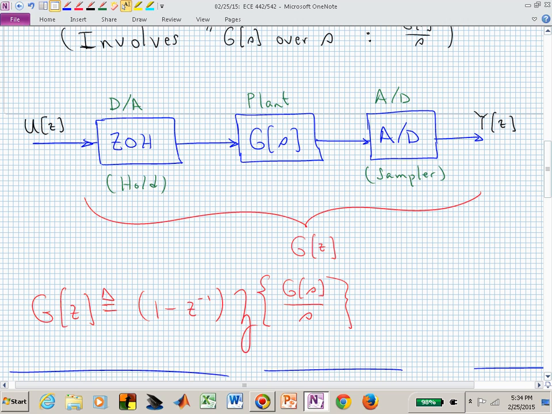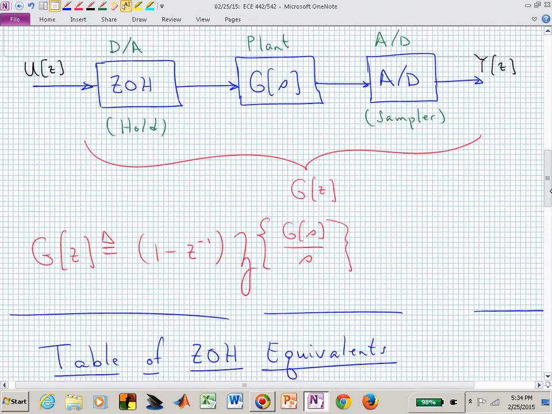The unit step is that S that we're over, that G of S is over. That's where this expression for the zero order hold equivalent comes from.